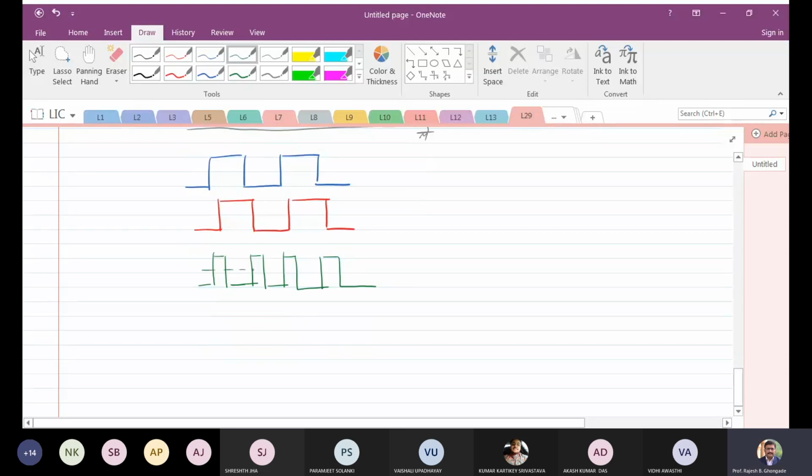Remember again, this is the DC line. Off time is more. So you see that now the DC value is going to be negative. Do you understand this?